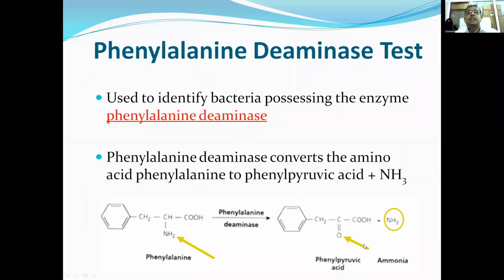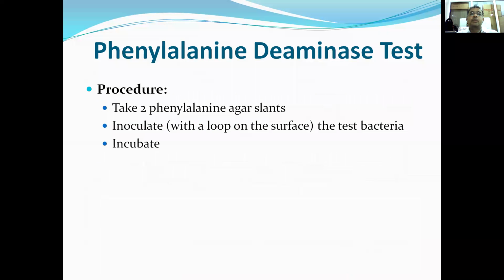Again we are targeting this by a pH indicator or by adding some reagent that will help to demonstrate the presence of the end product. So what we are doing here, we are taking the phenylalanine agar slant, inoculating our test bacteria along with appropriate controls, and incubating to grow them in that tube.